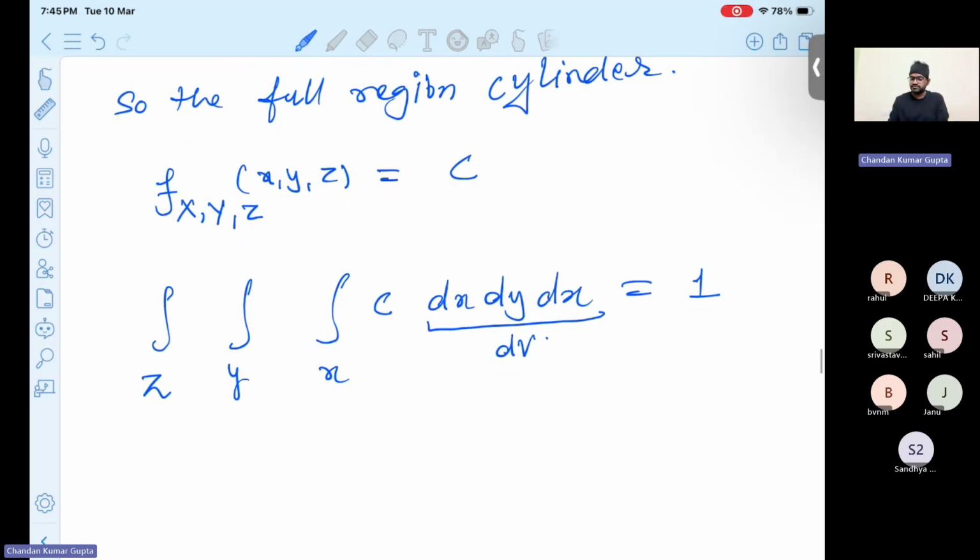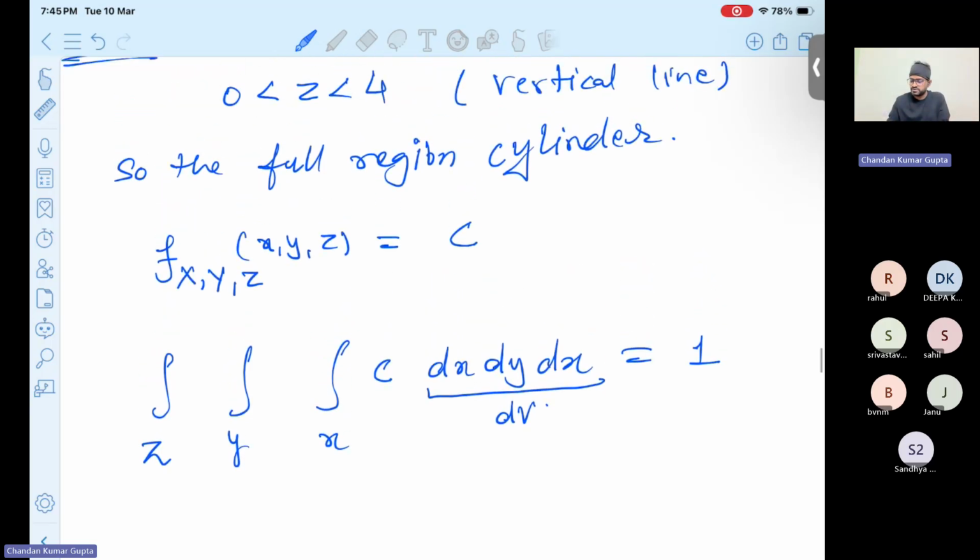If you remember, this is a circle. Okay. And the height comes out to be 4, and the radius comes out to be 1.